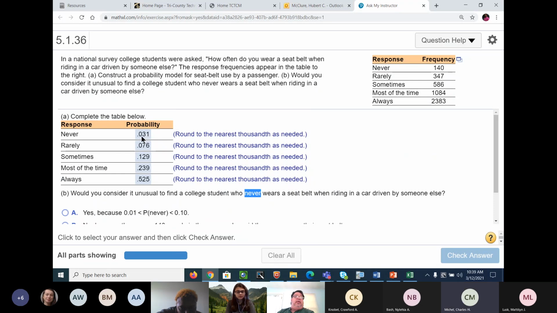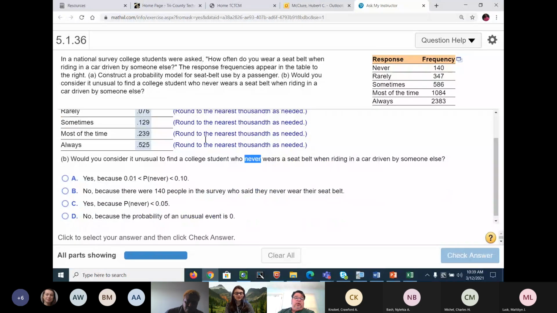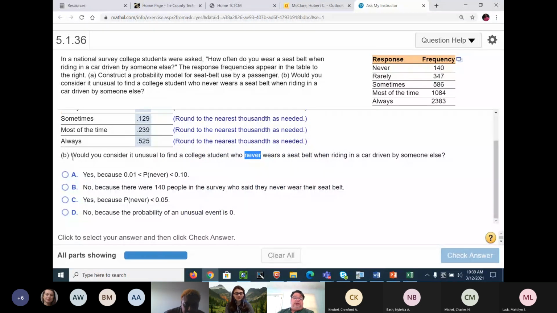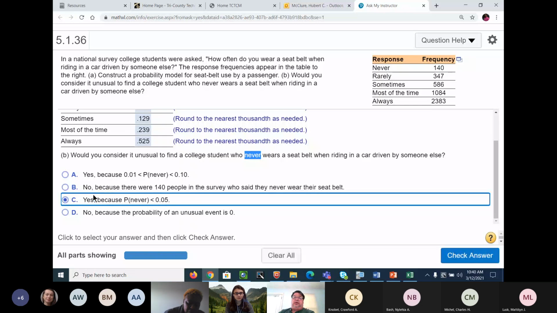Give me that probability in terms of cents. 3.1 cents, 3 cents. Is 3 cents greater than a nickel? No. So it's unusual. So which one says, would it be unusual? Then it's either Alpha or what? Charlie. Which one is it? Charlie, because your probability is less than a nickel.